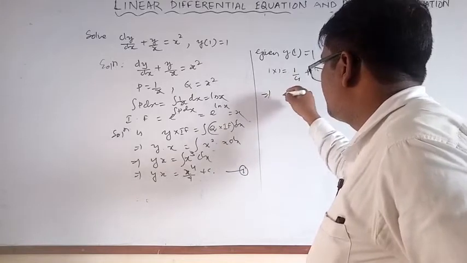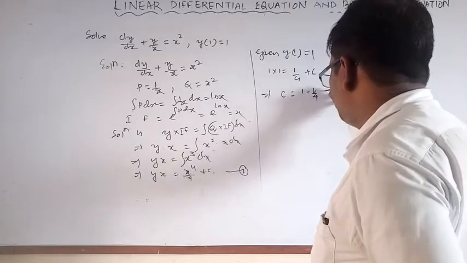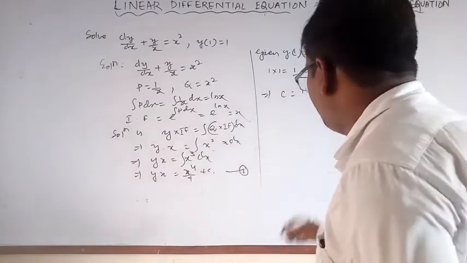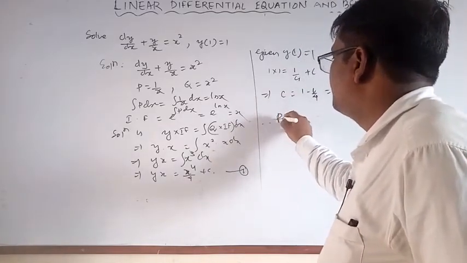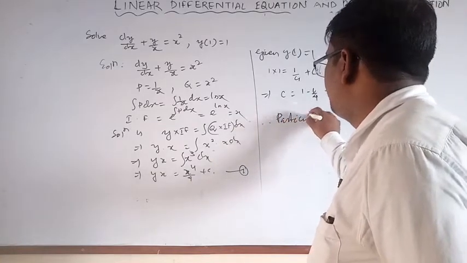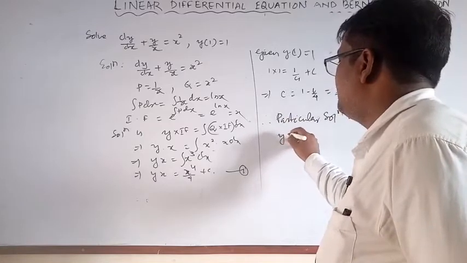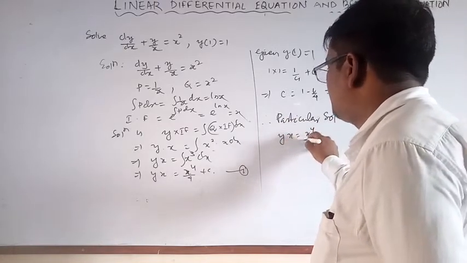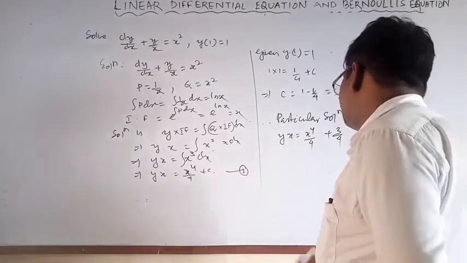So c is equal to 1 minus 1 by 4, which is 3 by 4. Now the particular solution is yx is equal to x fourth by 4 plus 3 by 4. This is the particular solution.